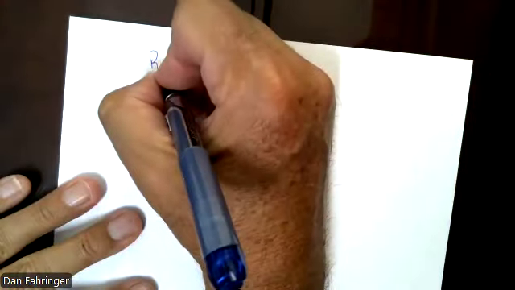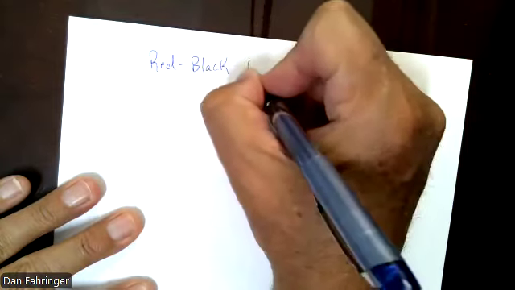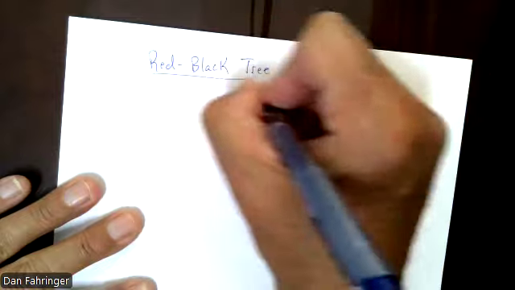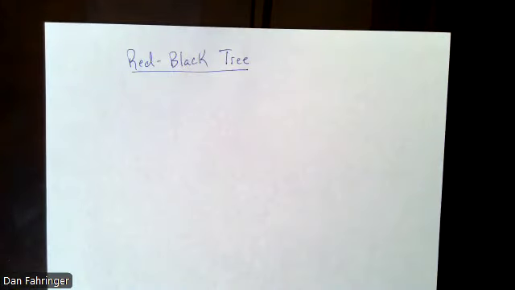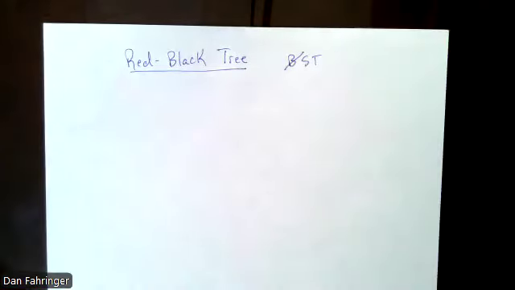red, R-E-D. I was doing the B early. A red black tree. And a red black tree, again, it's not a binary search tree. It's just a search tree.